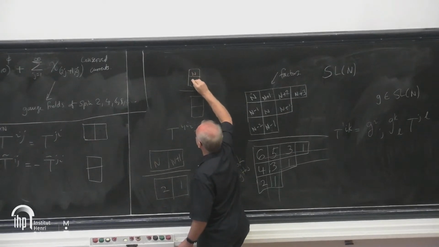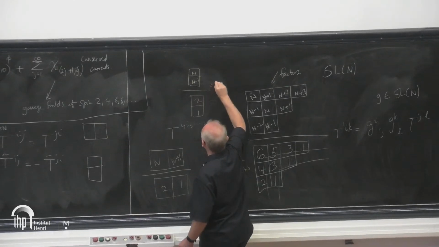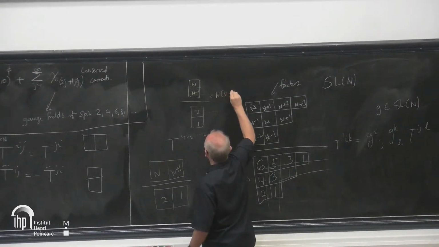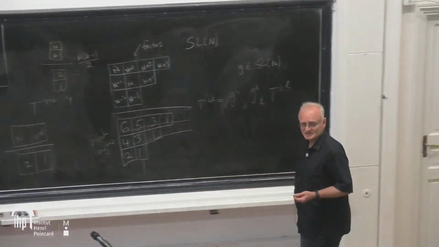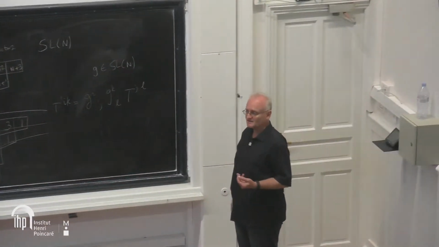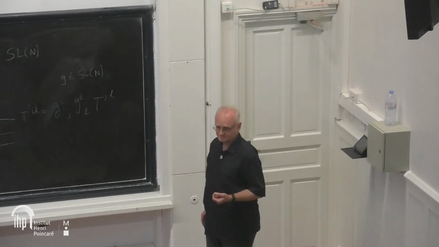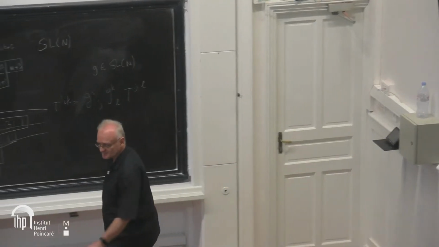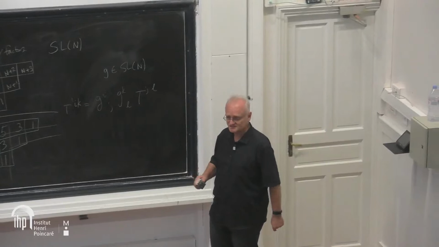There's an n minus 1, that's a 2, that's a 1. So this is n times n minus 1 over 2. So this is just a way to count tensors in general. Okay? And I'm going to keep using this rule, just a very simple version of it, just one row.